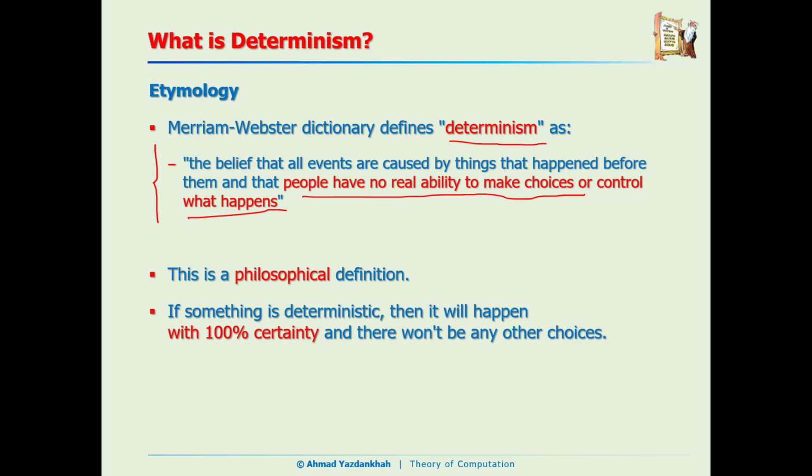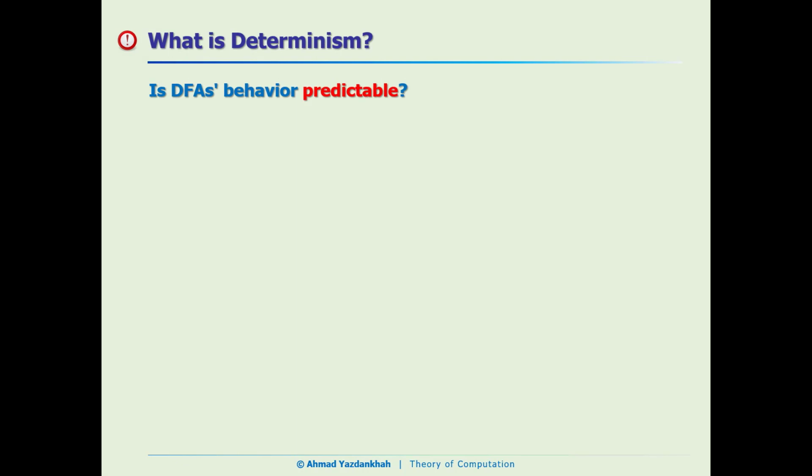Now, what is the relationship between determinism and computer science? Let me explain it with this question. Can we predict the behavior of DFAs? Or in other words, is the DFA's behavior predictable? What does it mean?